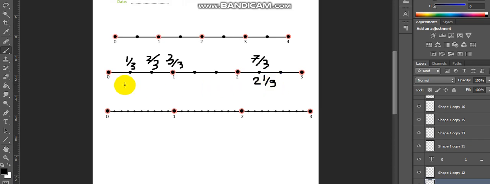Before we continue, I want you to take notice of one thing. Here at 1, I have 3/3. Let's say I want to count here at 2. I'd say 1, 2, 3, 4, 5, 6. 6/3. Let's say I also want to write the improper fraction that's at the 3 point. I'd say 1, 2, 3, 4, 5, 6, 7, 8, 9 thirds.